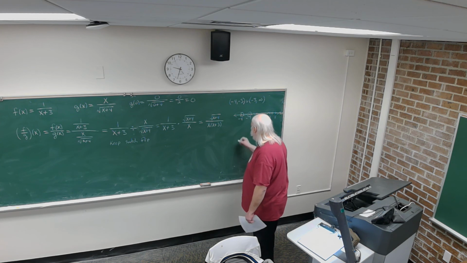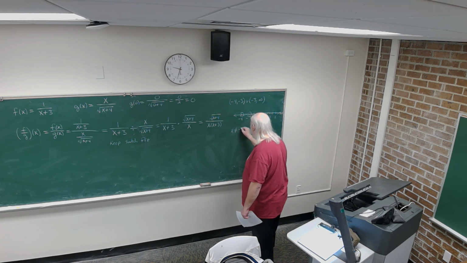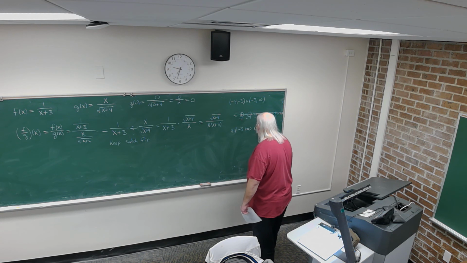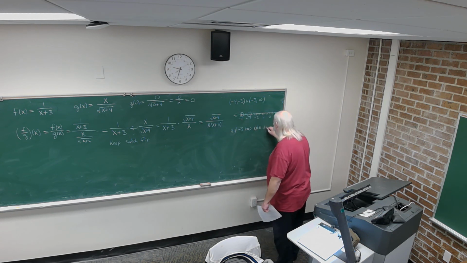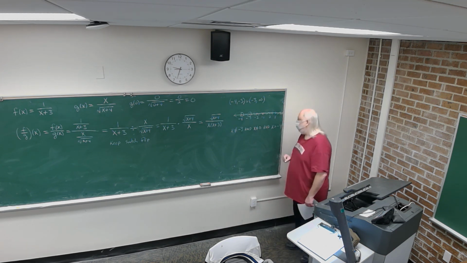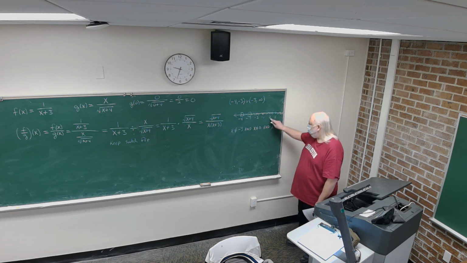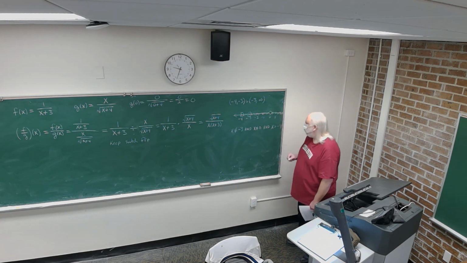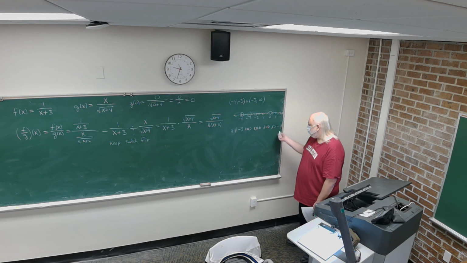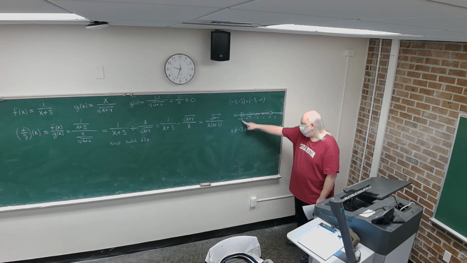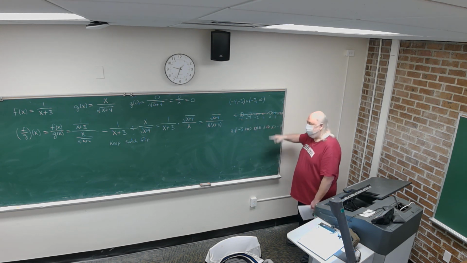So the domain is x can't equal minus 3, and x cannot equal 0, and x is greater than negative 4. So we have to put an open circle on 0, just like we did with minus 3. So this is the graph of the domain where x is greater than negative 4, and x can't equal negative 3, and x can't equal 0.